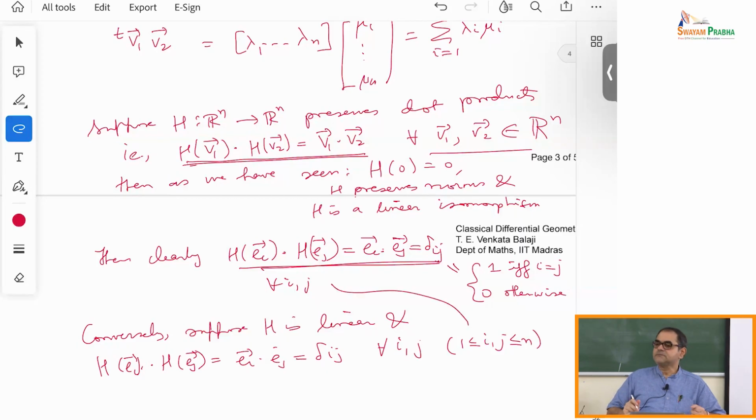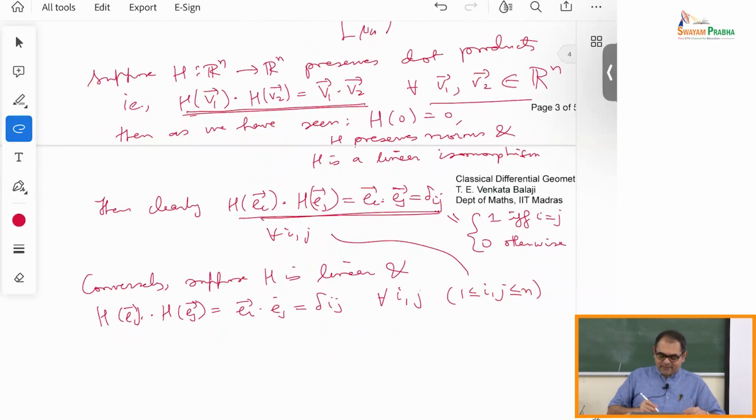Suppose this is true, then the claim is HV1 dot HV2 is V1 dot V2 for all V1 and V2. Then we can show that H preserves dot products.